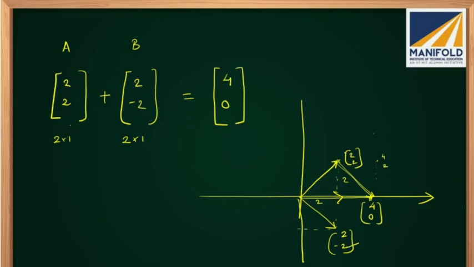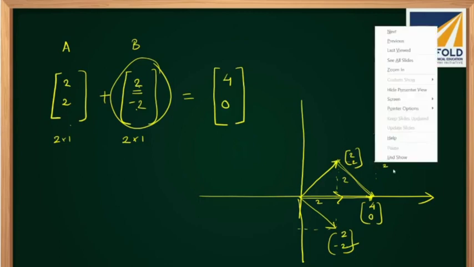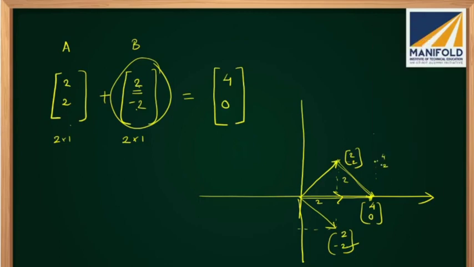I'm starting from 2, 2 and adding this particular vector, which means the x-coordinate is increased by 2 and the y-coordinate by minus 2. Adding 2 to x, I reach 4, and adding minus 2 to y, I come down to the point 4, 0. This is what is happening with column addition in matrices. So the resultant vector is nothing but 4, 0. I hope the idea of vector addition is clear to you. Is it okay?